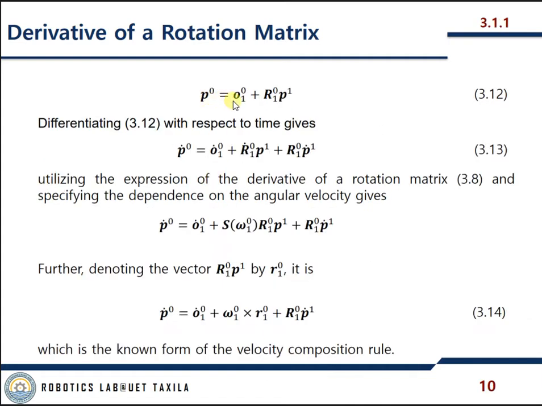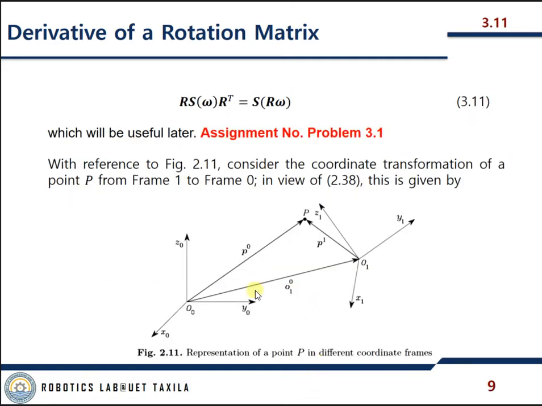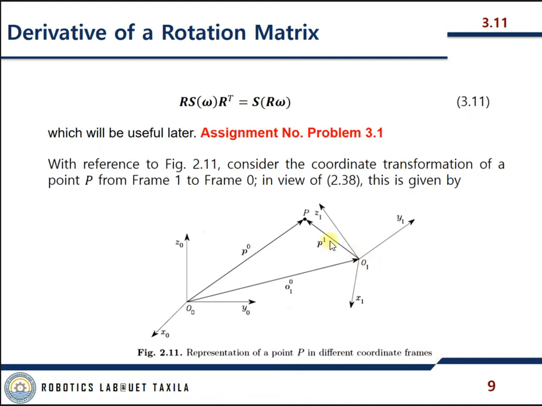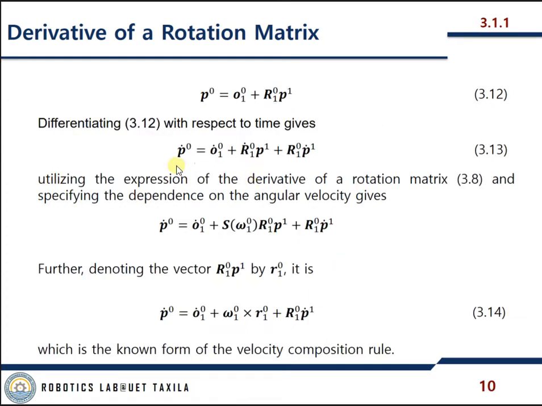P0 is equal to O01 plus R P1. You can see that we are shifting this frame over here and then rotating it using the rotation matrix. The vector is represented in P1 with the rotation matrix, and this is aligned to this one. So P0 is equal to this vector plus this vector.